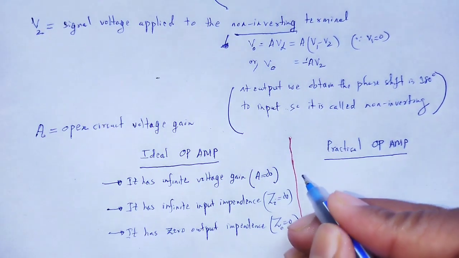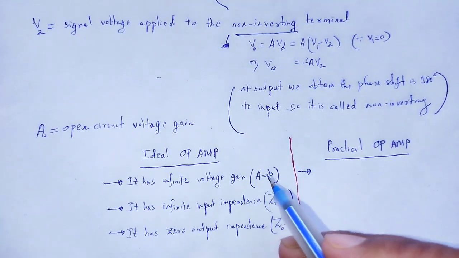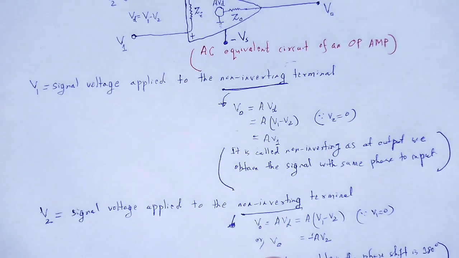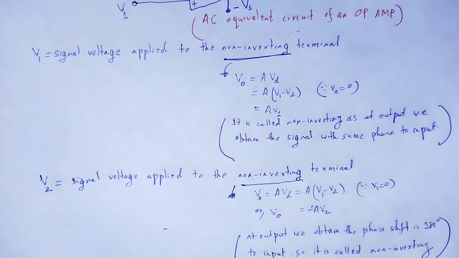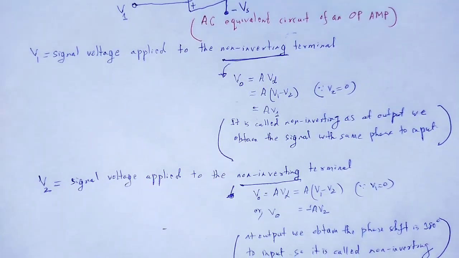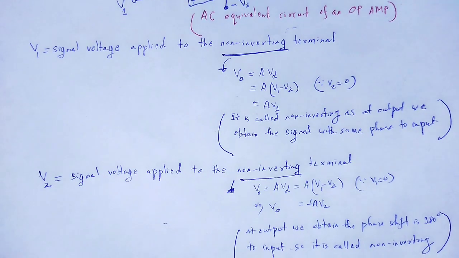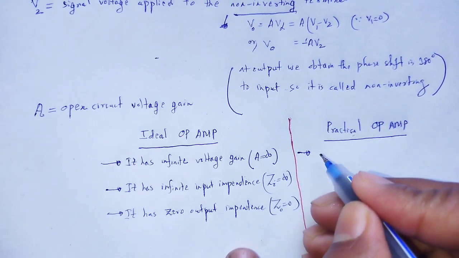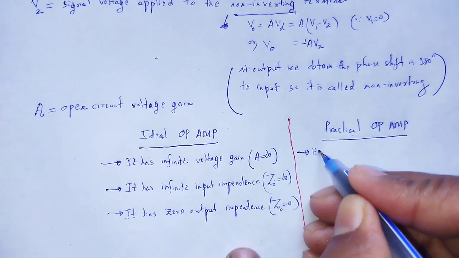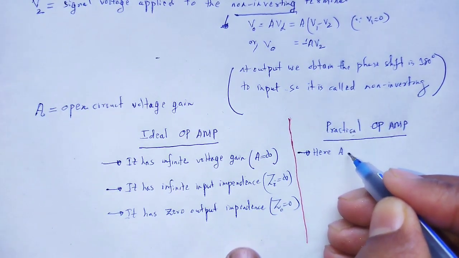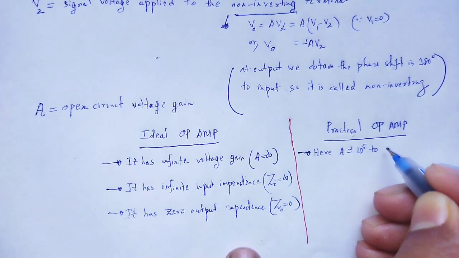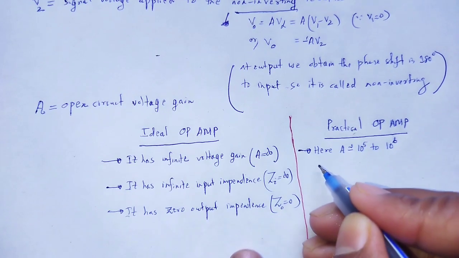Similarly, for a practical op-amp, the voltage gain here is around 10 to the power 5 to 10 to the power 6. Here A is nearly 10 to the power 5 to 10 to the power 6.